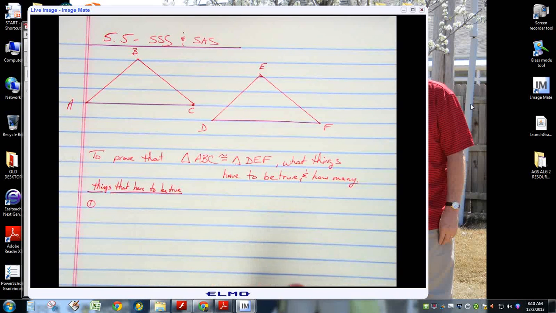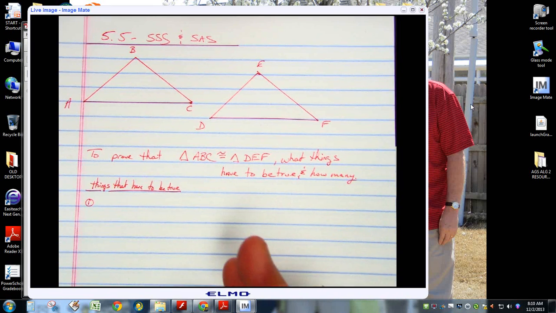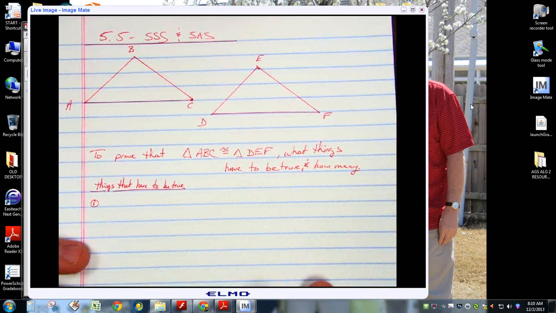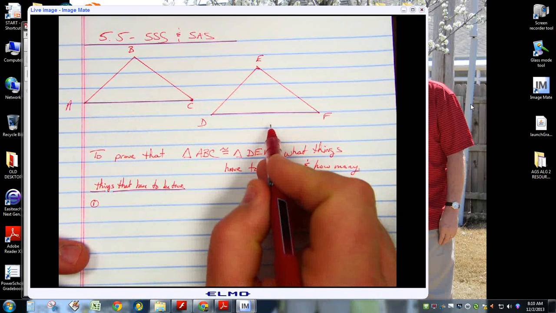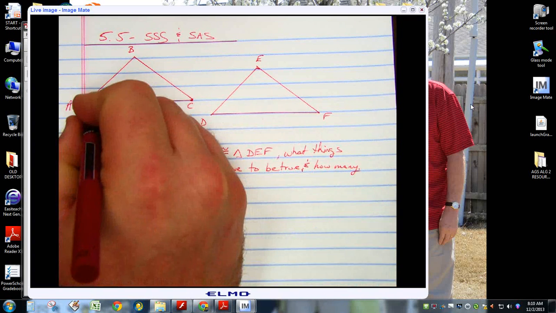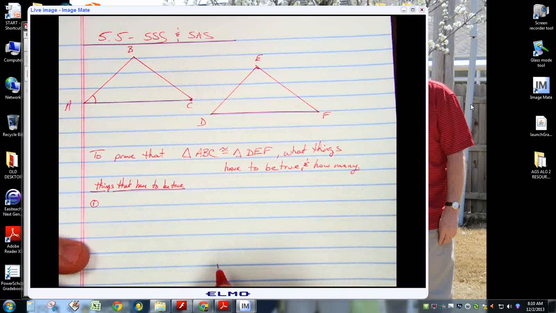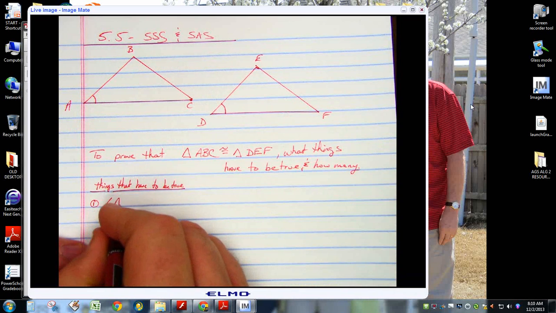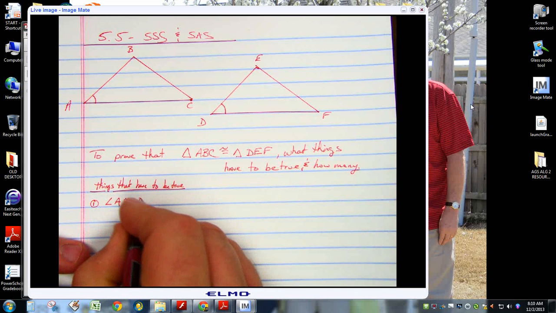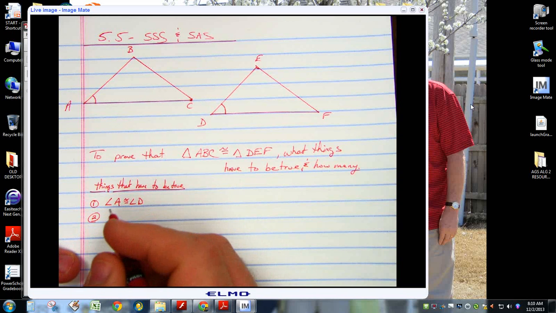So we can start with the shape if you want to start with angles. What angles would have to be congruent for this to be congruent to this? Angle A would have to be congruent to what? Okay, so that's one thing we'd have to prove. Angle A would have to be congruent to angle D. Anything else?